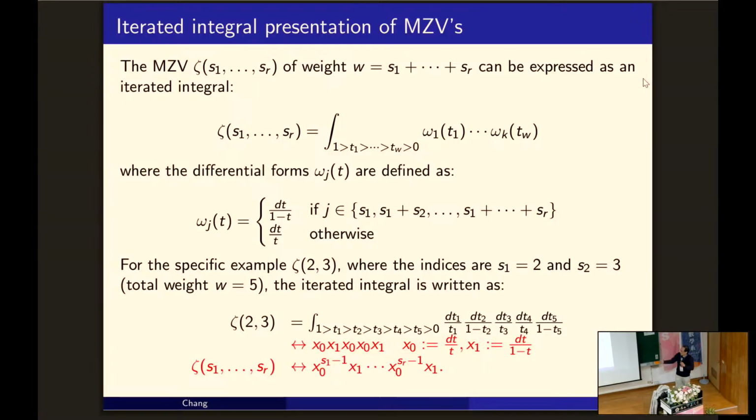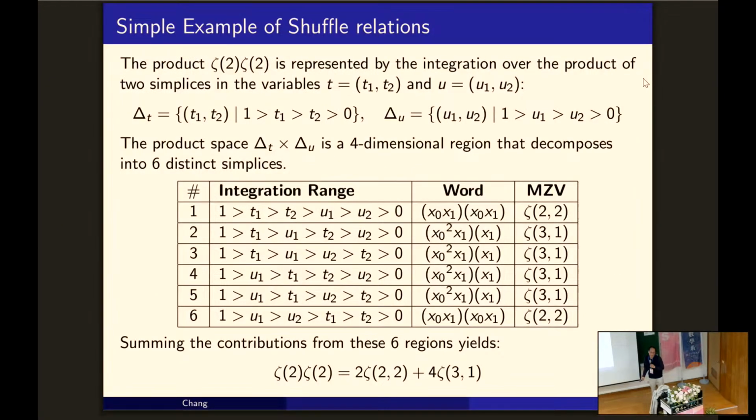From the iterated integral, we obtain the so-called shuffle relations.